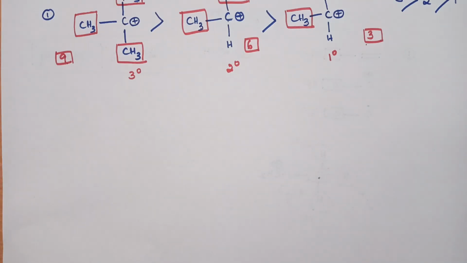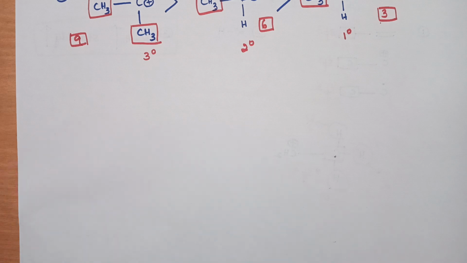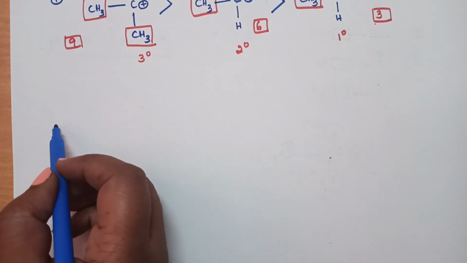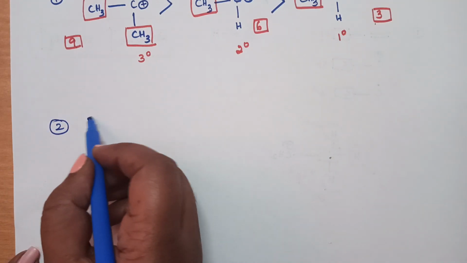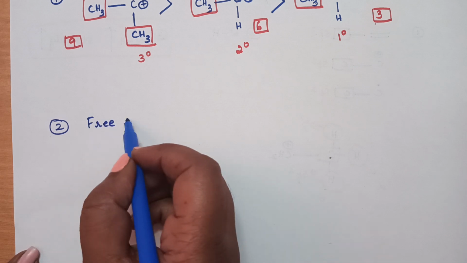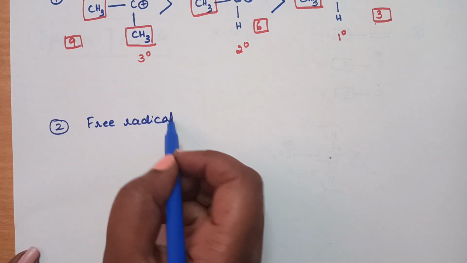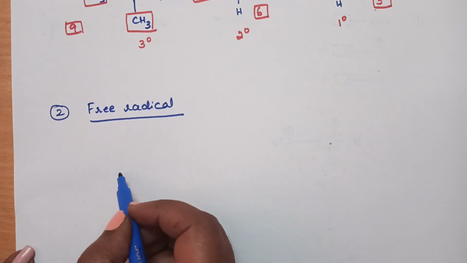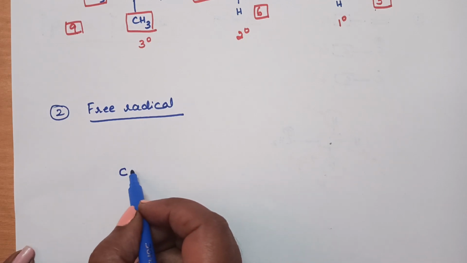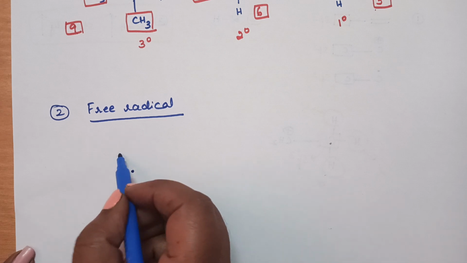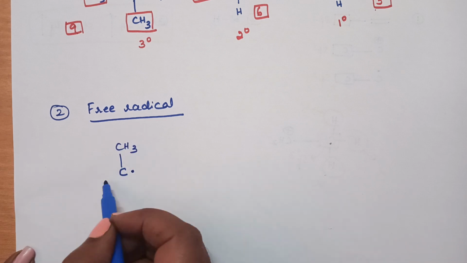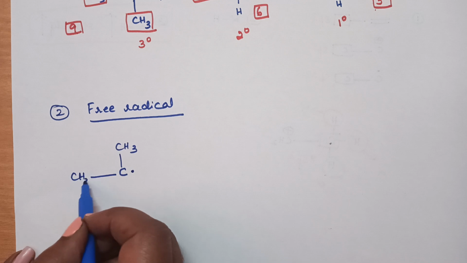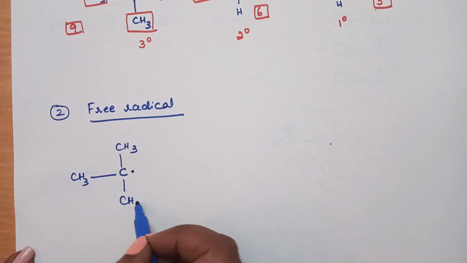So next we will go for free radical. We will check in free radical which is more stable. So we will take tertiary free radical. Carbon free radical means one single electron and 3 methyl groups. 1, 2, 3.